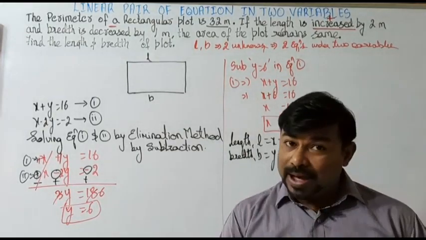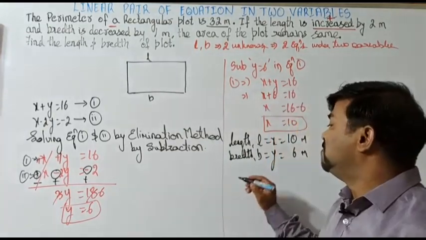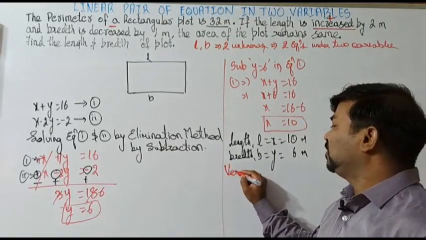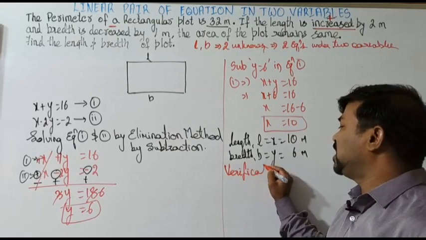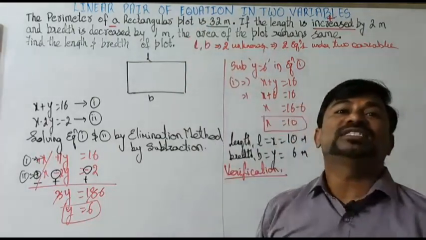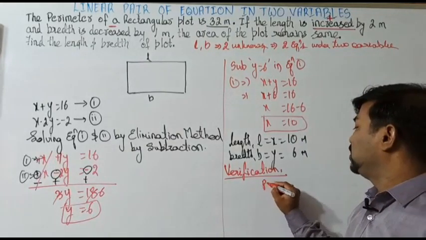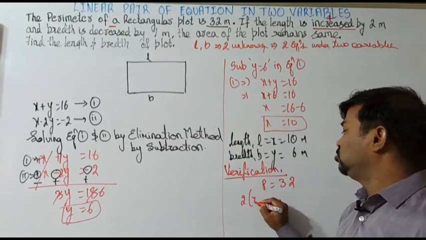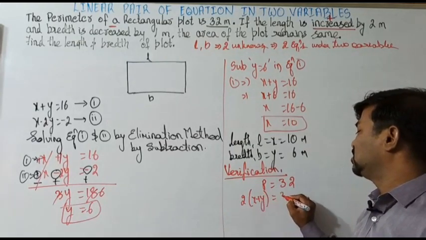It's fine, but it's better to go for verification. It's a better option for us to go for verification. What has he said? Take any one. What's the value he said? Perimeter of the plot is 32. Perimeter equals 32. What is the formula we have? 2 into x plus y equals 32.